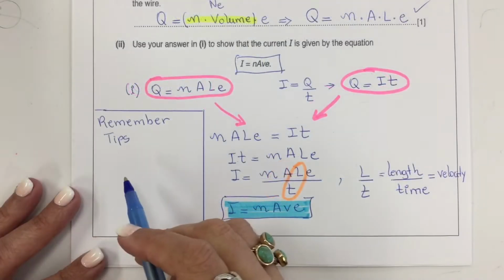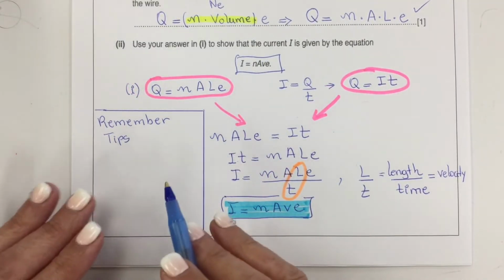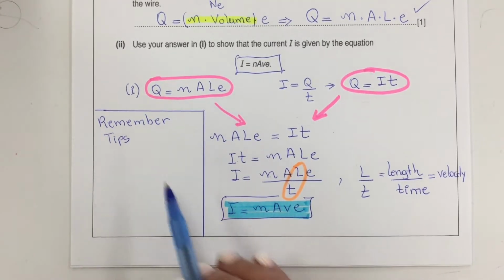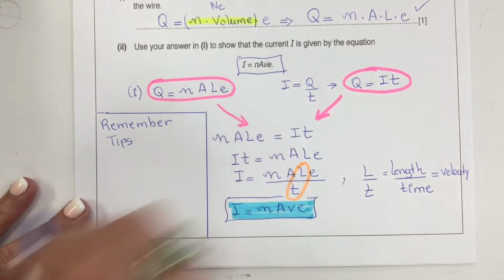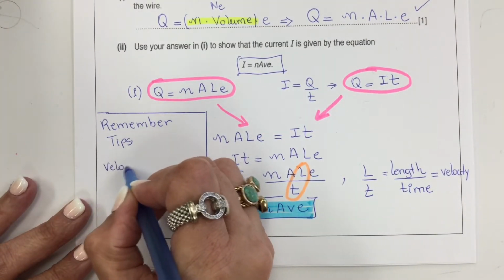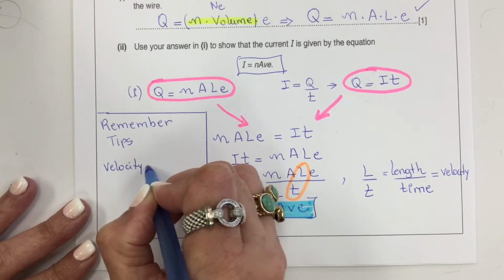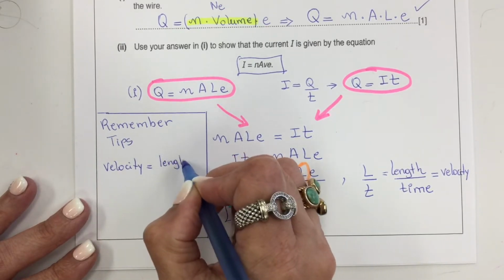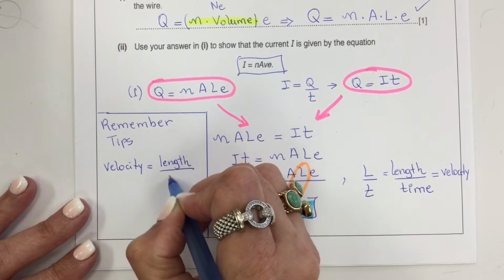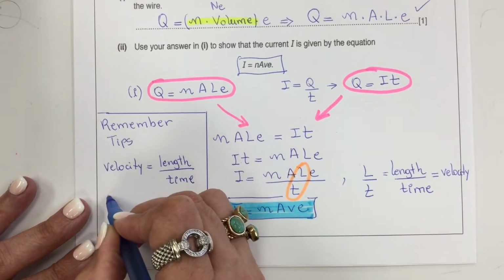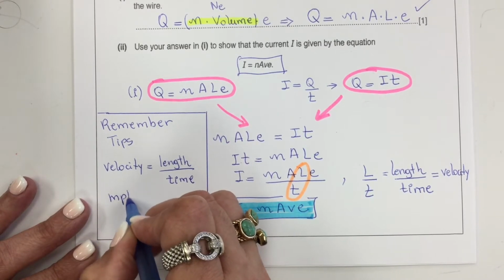In this box here, we can write some tips to remember. Number one, how do you remember that velocity or speed is length or distance over time? One way is to think about miles per hour.